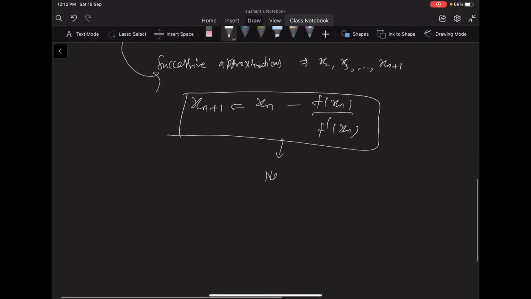This is the Newton-Raphson formula. And we will use this formula to find approximate roots of an equation. So now we will do some important numerical questions from previous year CSIR NET exams.